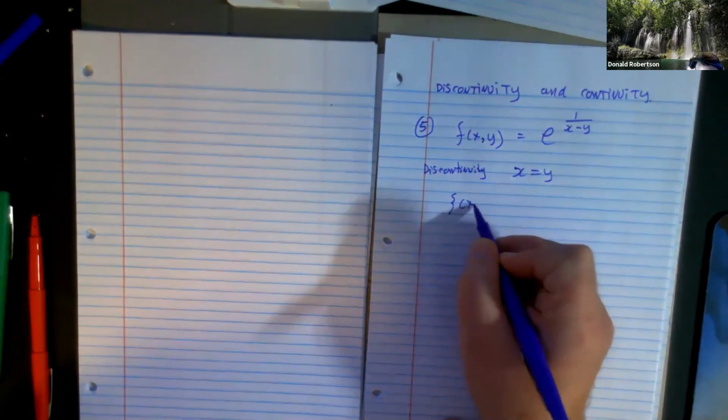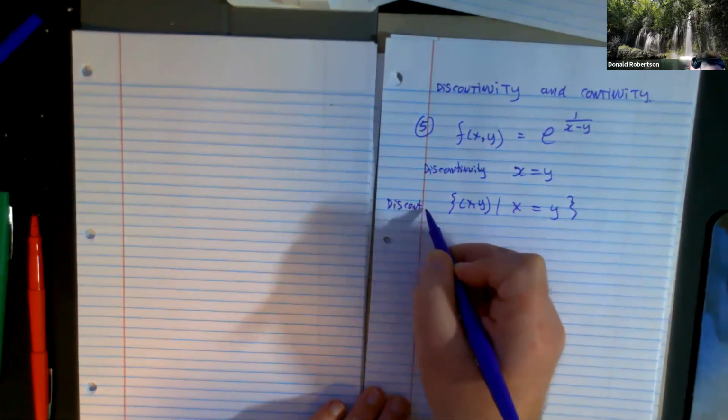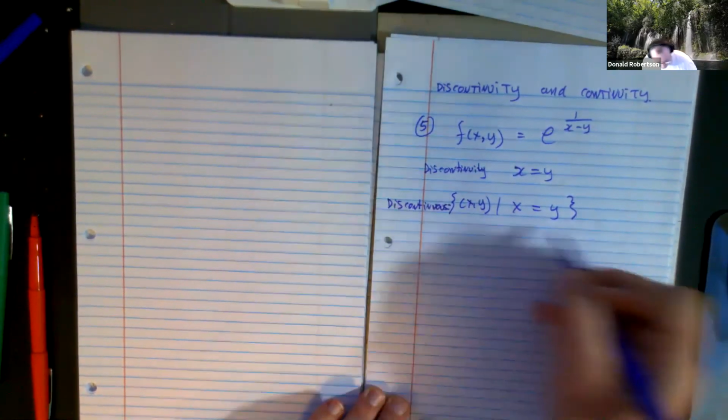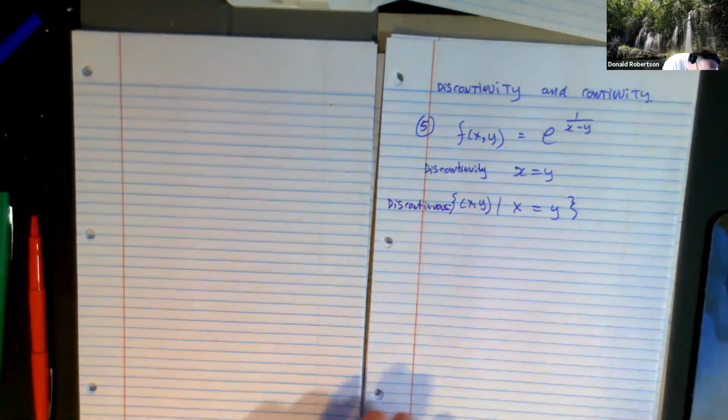Places where bad things happen are typically, and not exclusively, but typically not single points anymore, right? Now, if you wanted to do it a little bit more formally, you could do it like that. Now, this is all the places where the function is discontinuous.